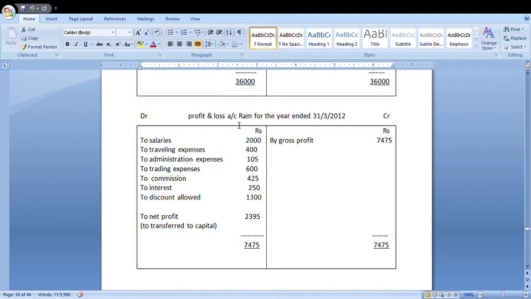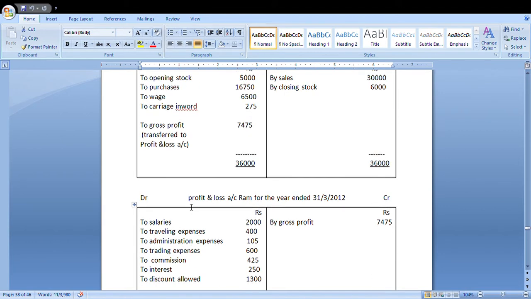Profit and loss account of Ram for the year ended 31st March 2012. The profit and loss account also has two sides, a debit side and a credit side. On the debit side you enter all the expenditures, except the items already entered in the trading account.